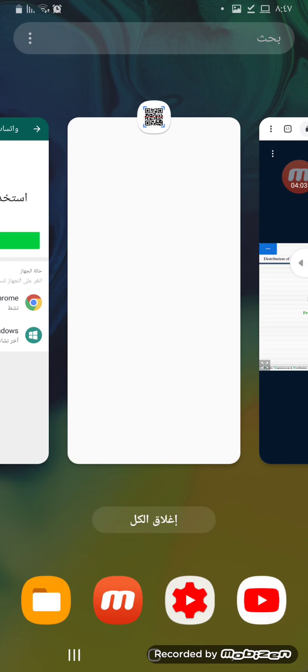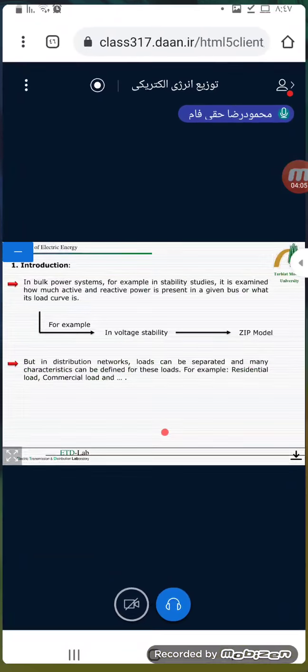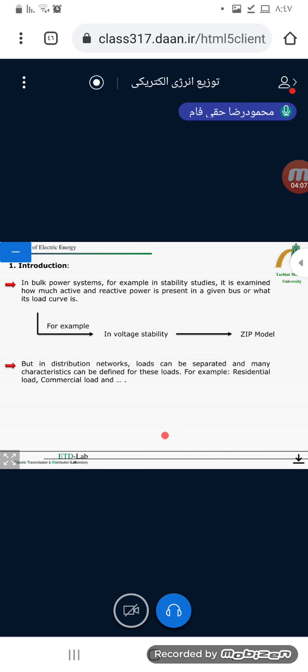In bulk power systems, in high voltage, sub-transmission and extra high voltage networks, for load flow calculation and stability studies, it is examined how much active and reactive power is present in a given bus or what its load curve is.